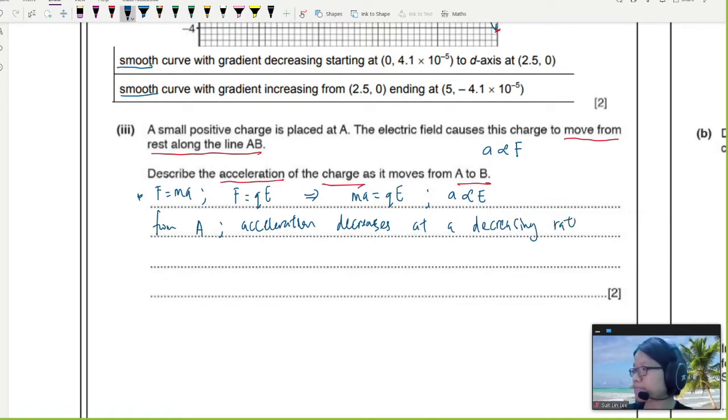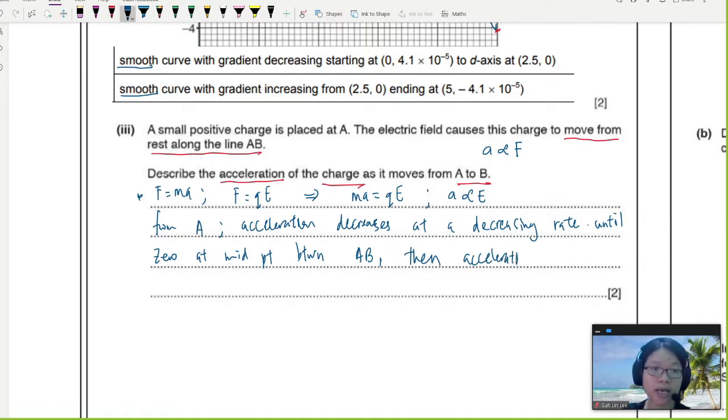Decreasing rate. Okay, until 0 at the midpoint between A and B. Okay, then acceleration increases. Is this good enough if you just say increases? Nope. At an increasing rate.